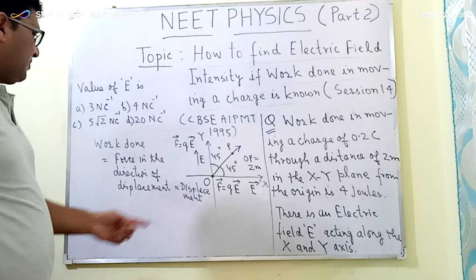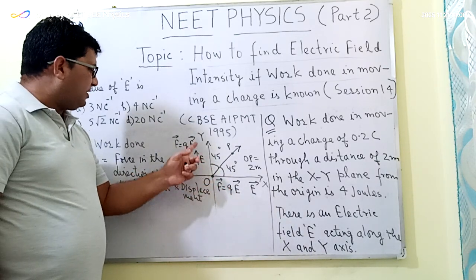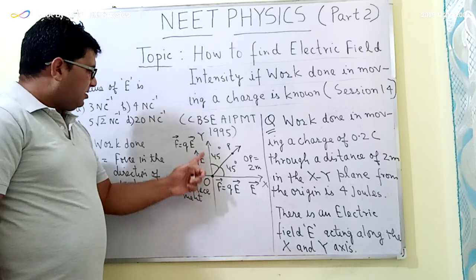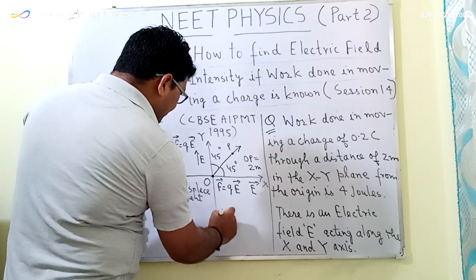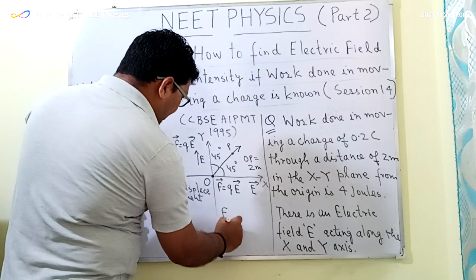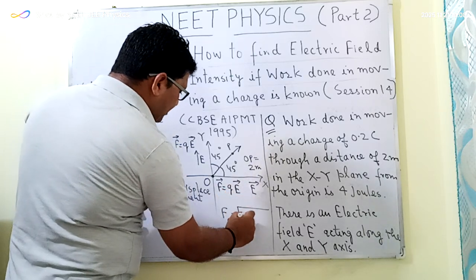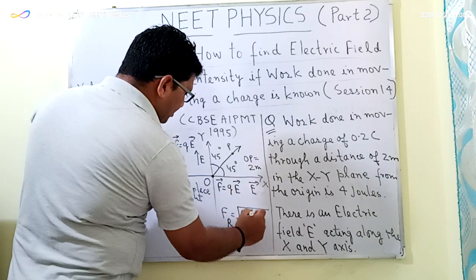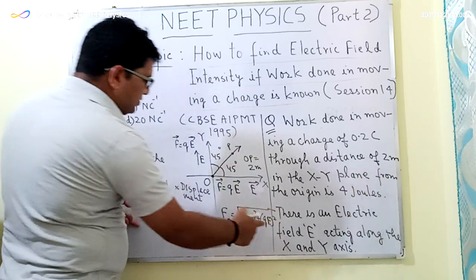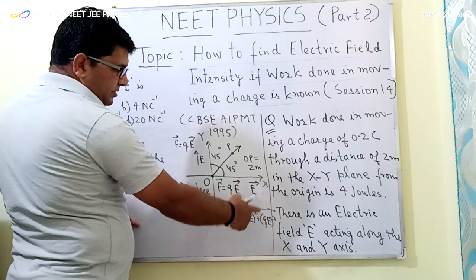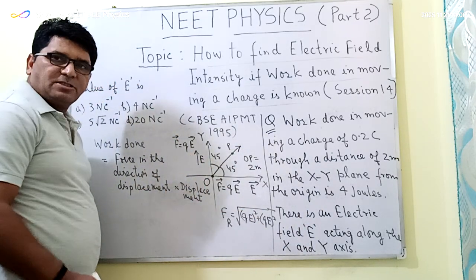Here there is one force acting along the x-axis which is equal to QE, and another force acting on the charge along the y-axis which is also equal to QE. So the resultant force, which I am writing as FR, will be equal to the square root of (QE) whole square plus (QE) whole square, where one is the force along the x-axis and the other is the force along the y-axis.